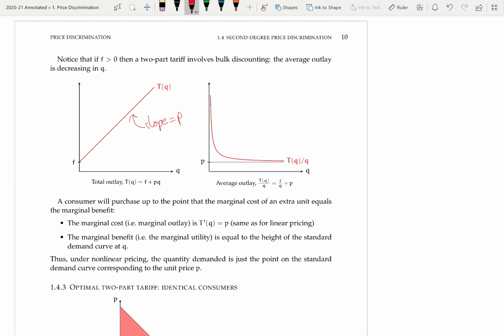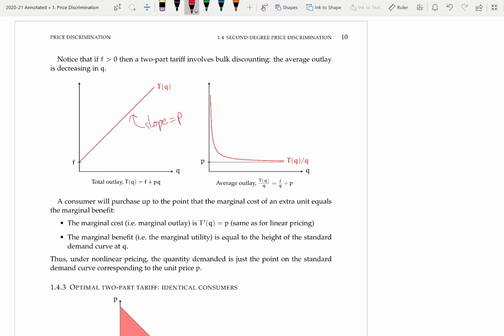So let's think about the consumer's choice of how much to buy when they're faced with a two-part tariff. Well, the marginal cost under a two-part tariff, the marginal outlay, is just that per unit price. So each extra unit they buy is going to cost them just P. This is the same as for linear pricing, and therefore we're going to have the same behavior as we do with linear pricing.